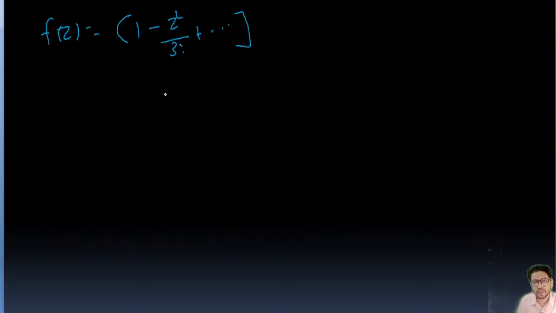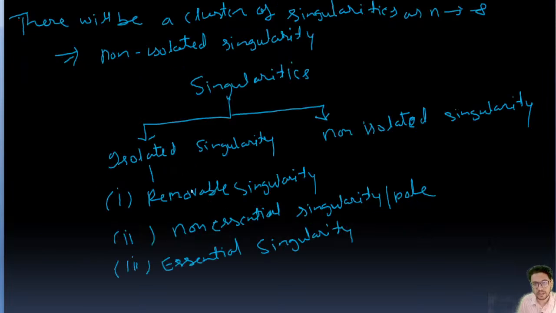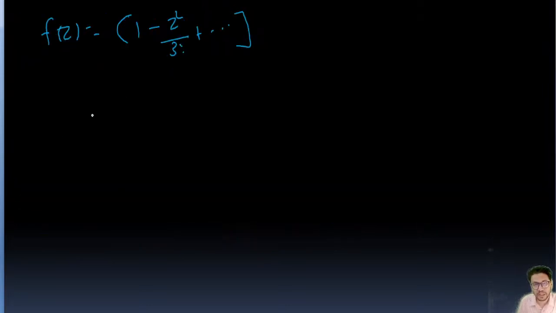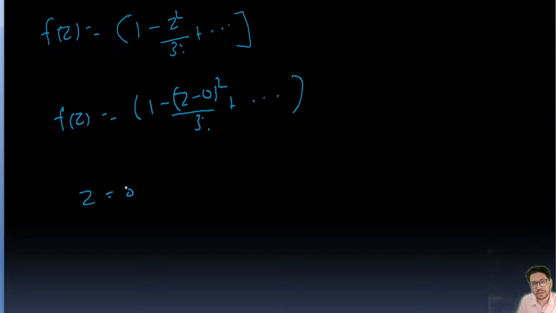Here you can see there is no negative term of z. Here we have to check z equal to 0. If you put z equal to 0 in the original function, it will give an infinite value. So we can write f(z) equal to 1 minus (z minus 0) whole square by 3 factorial plus so on. It means z equal to 0 is a removable singular point.